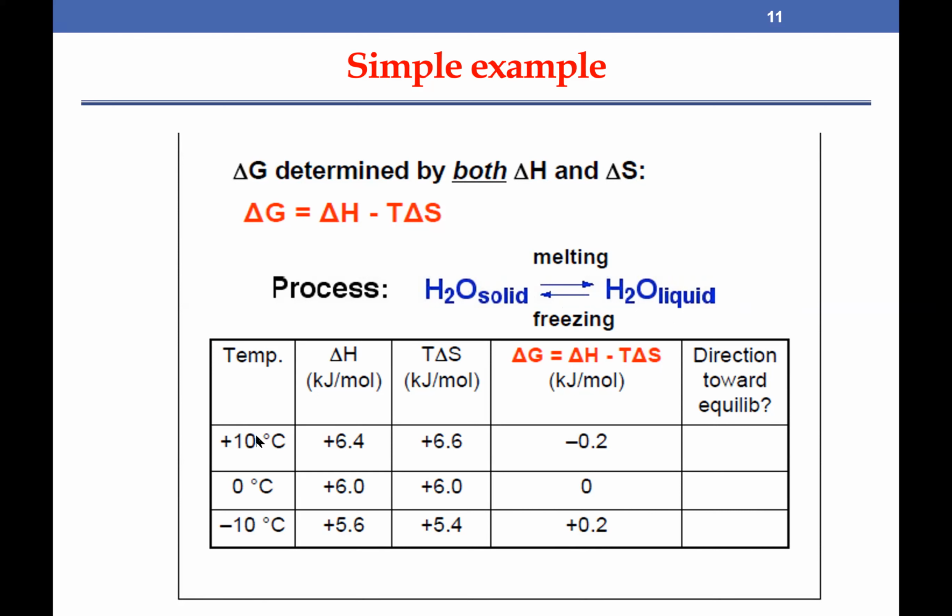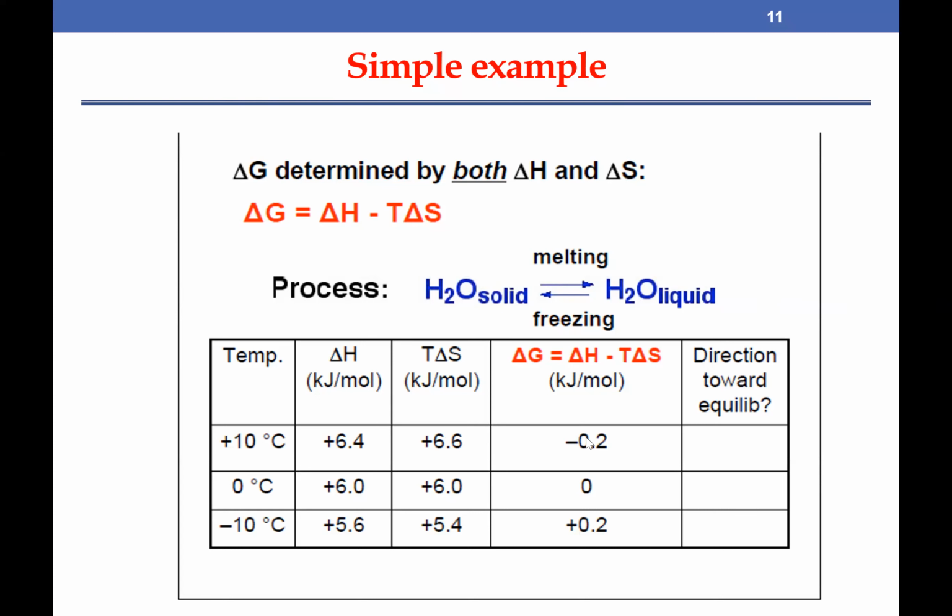In scenario number 1, the temperature is positive 10 degrees. So we see that the delta H is plus 6.4, meaning this is an endothermic reaction. It's taking in heat. And then this is the T delta S. And then the delta G, after we calculate it, becomes minus 0.2.